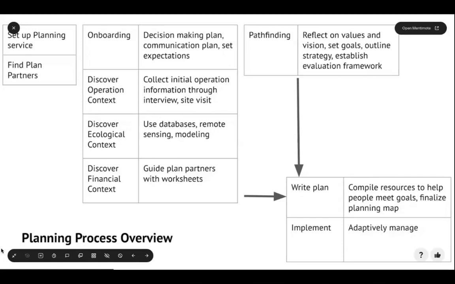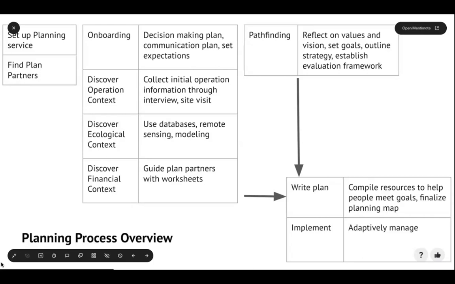And then we've got this sort of context focus chunk where we're looking for ecological context, we're looking for social and cultural context. We, of course, are looking for financial context. And so in last week, we really talked about this operational context. So like what is going on with management, what is going on with the family dynamics, that sort of thing.